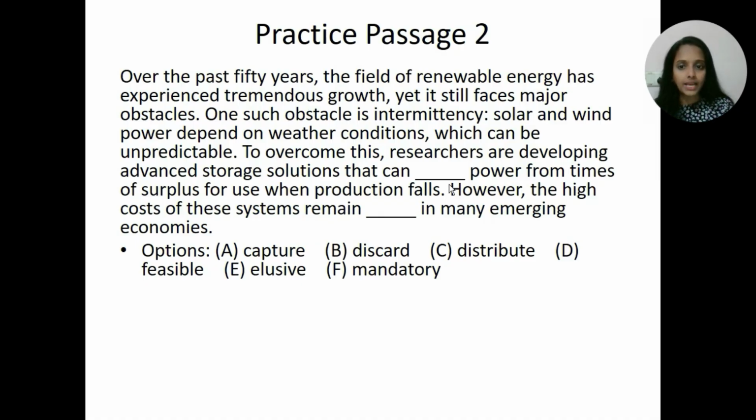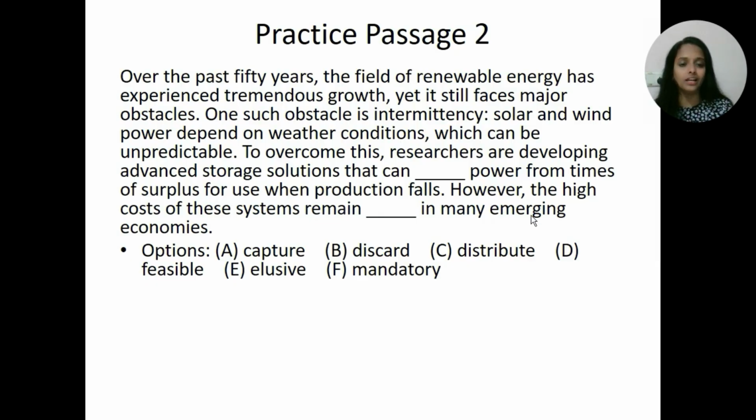For the first blank, researchers are developing advanced storage solutions that can dash power. So it should be something like store or collect power. Which is the correct meaning? Capture, right? Capture power from times of surplus for use when production falls.